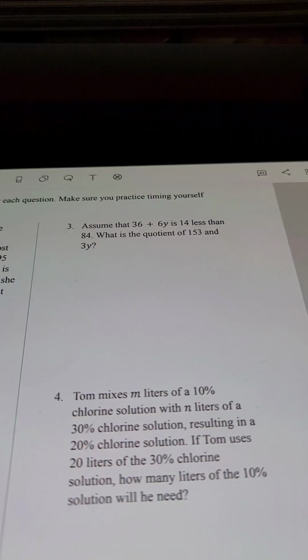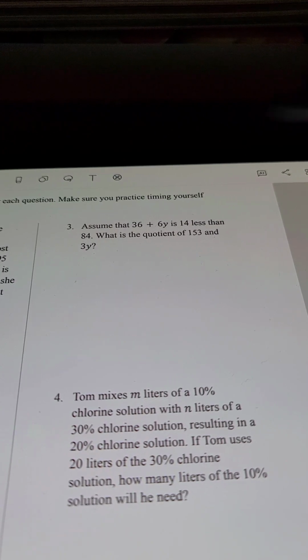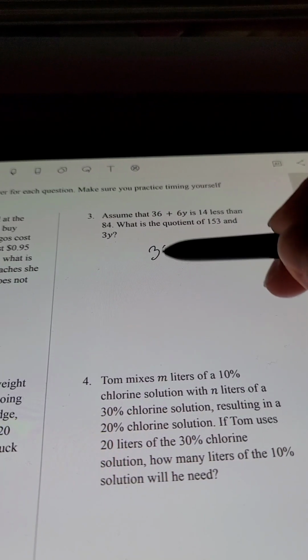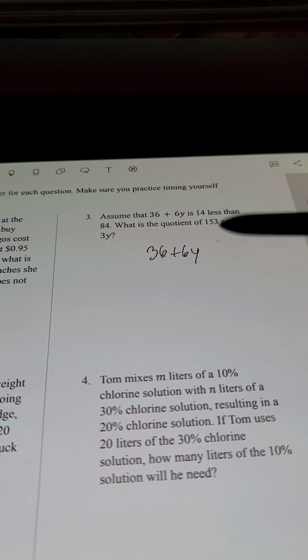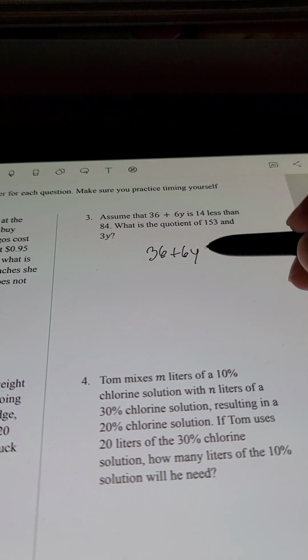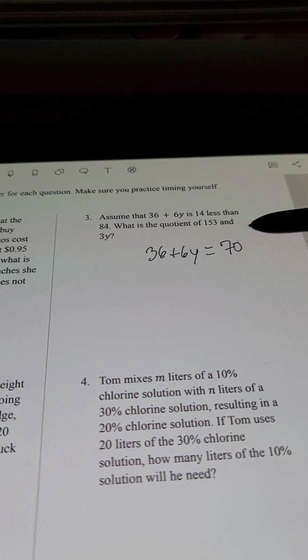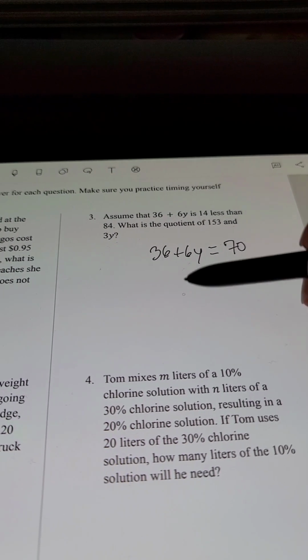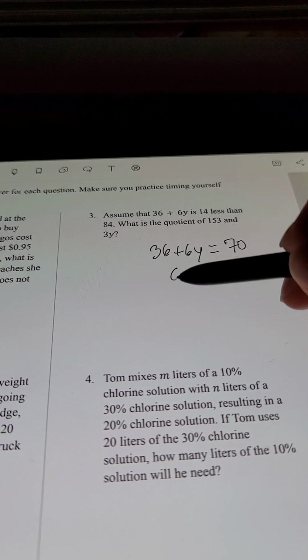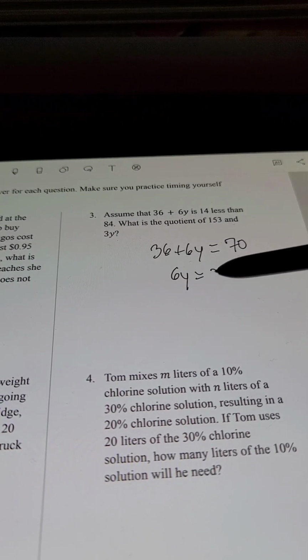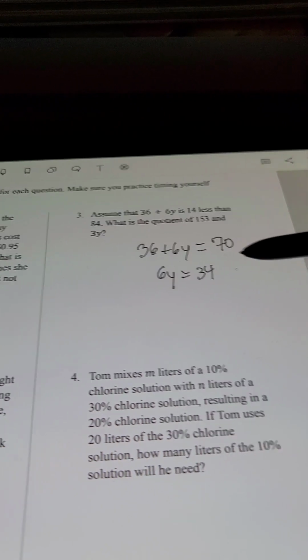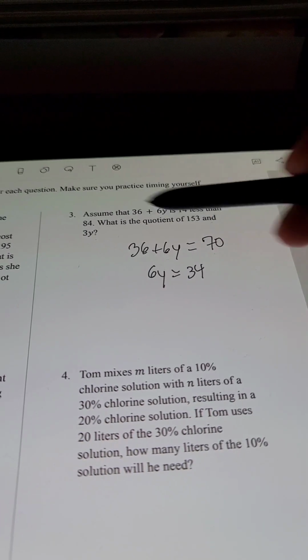Okay, pause to read number 3 if you haven't already. So we have 36 plus 6y is 14 less than 84. So it equals a number that is 14 less than 84, which is just going to be 70. Now I have to subtract 36 from each side. That's going to give me 6y is equal to 34. Then I want to get what 3y is.